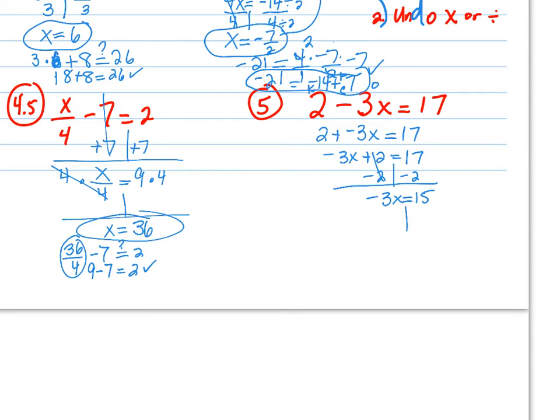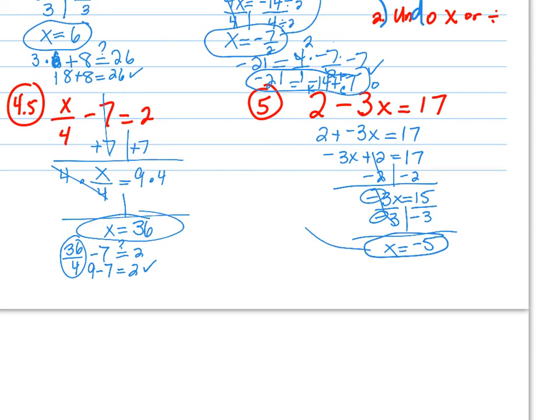They're multiplying by negative 3. What are we going to divide both sides by? Just 3? Negative 3, because negative 3 divided by negative 3 is positive 1x, which is the same as x is equal to negative 5.